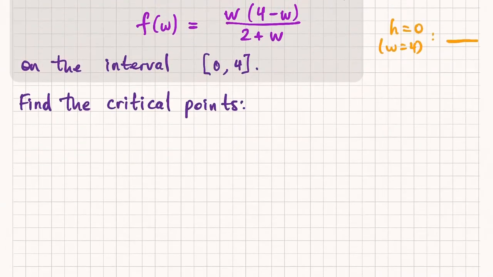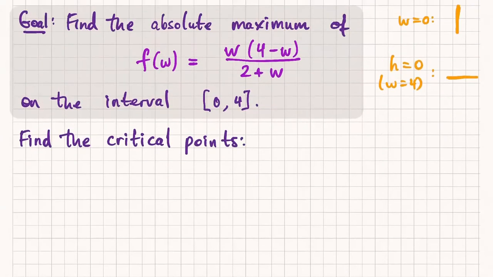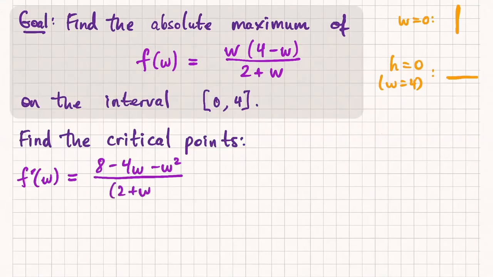Okay, so let's get the derivative of this. I would recommend just multiplying this out for (4w minus w squared) over (2 plus w), and then using quotient rule. So that's what I would suggest instead of using product rule and all that. So after I get my derivative and simplify it, my derivative ends up being (8 minus 4w minus w squared) over (2 plus w) squared.